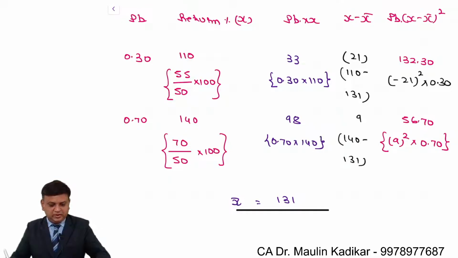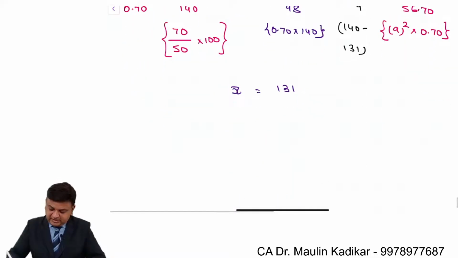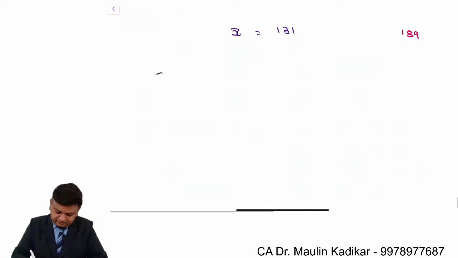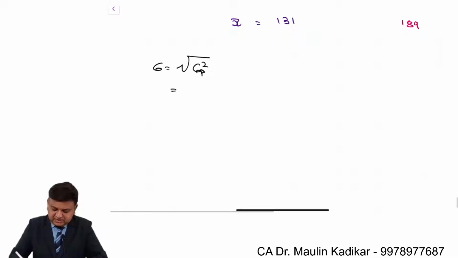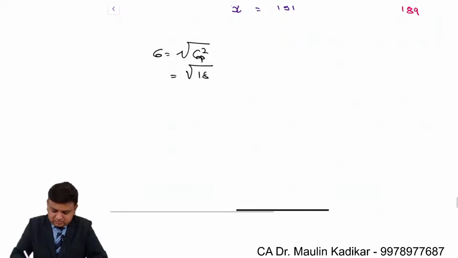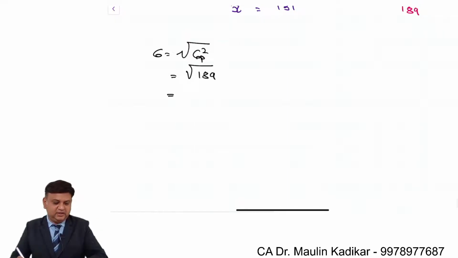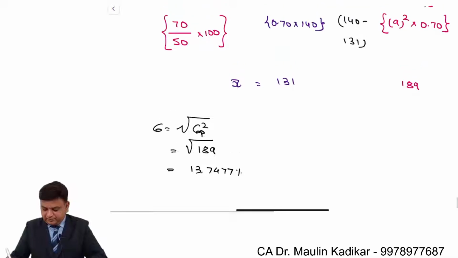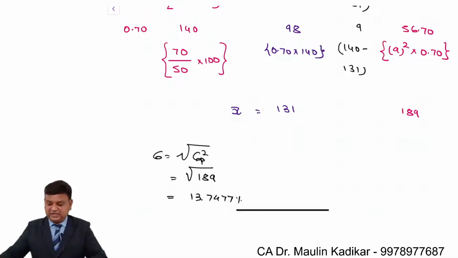So 132.3 plus 56.7, the total comes to 189. Afterwards, standard deviation. It is under root of the variance. Under root of 189. That is 13.7477. That is the way standard deviation can be calculated over here.